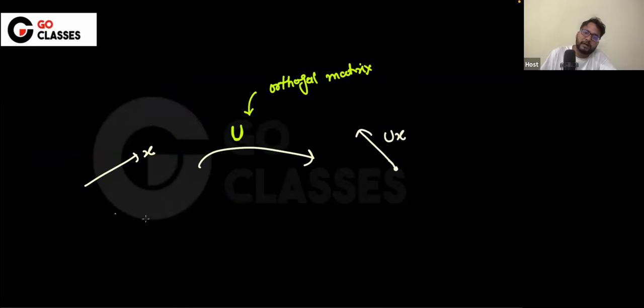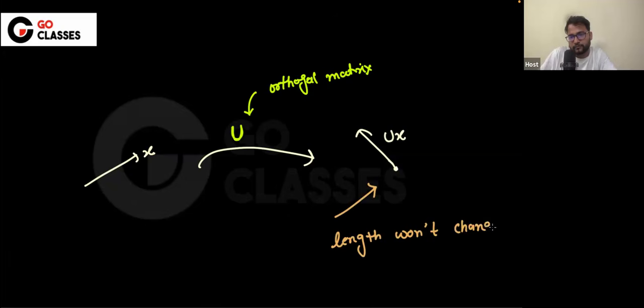So it may rotate, but the length won't change. That is what length preserving means. And we have just proved it because this is a very simple proof. So u, where u is an orthogonal matrix, is length preserving, right?